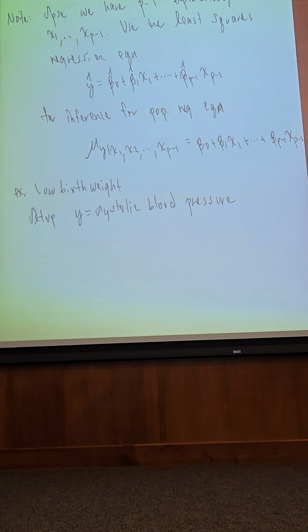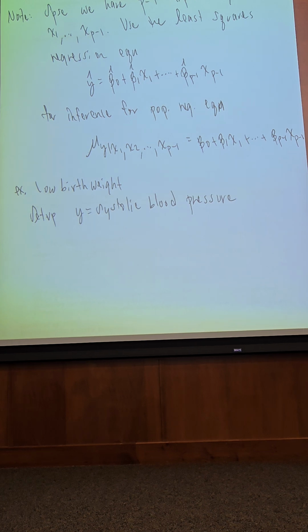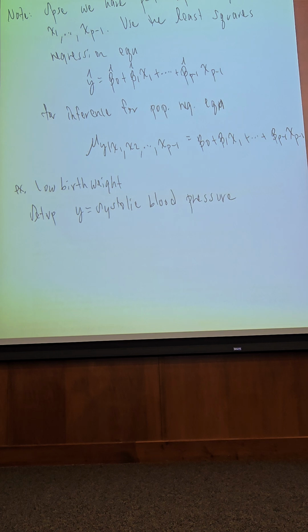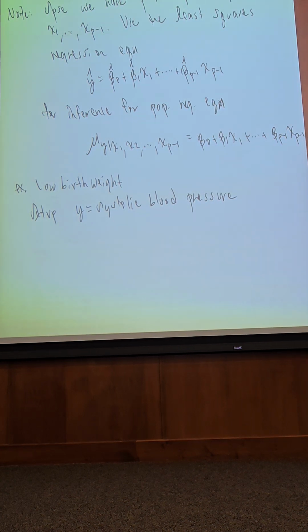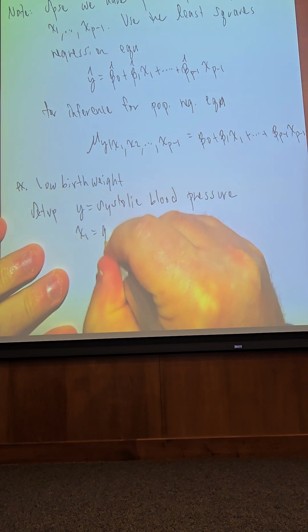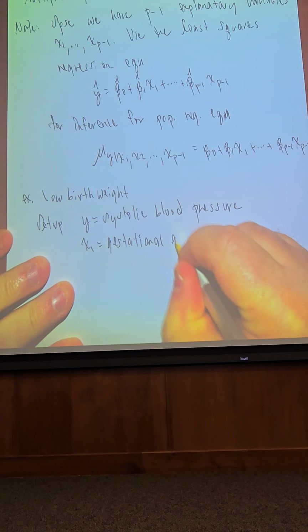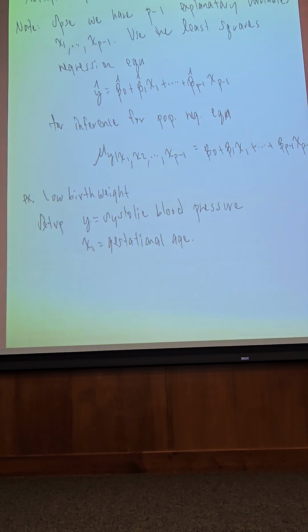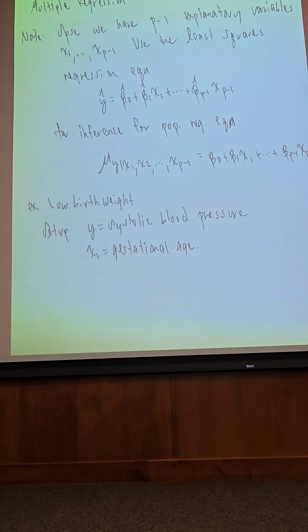And so what we have is a bunch of newly born babies. For each newly born baby, they measure the systolic blood pressure. I'm going to explain the systolic blood pressure of these infants by two things. X1 is gestational age, which is how long the baby was in the womb.